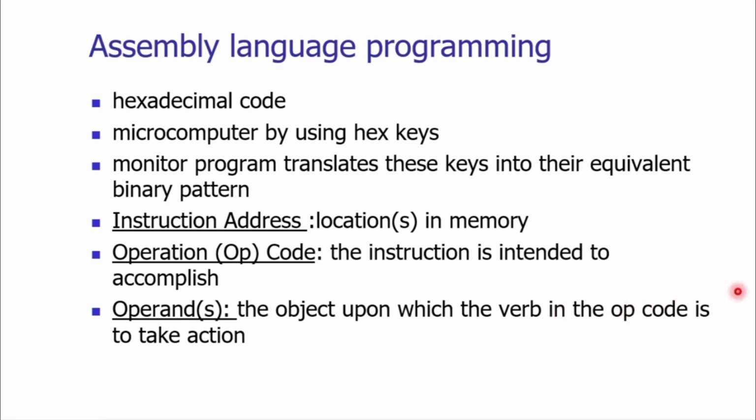And the operand, the object upon which the verb, the opcode, is to take action. So the location, the instruction about the process, and the object itself, these three pieces of information are needed to write a simple assembly language program.